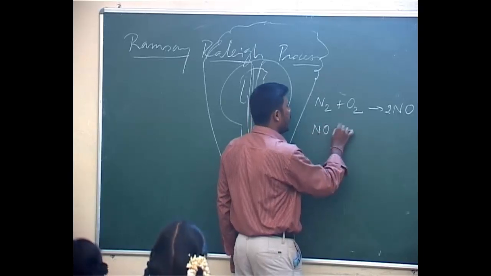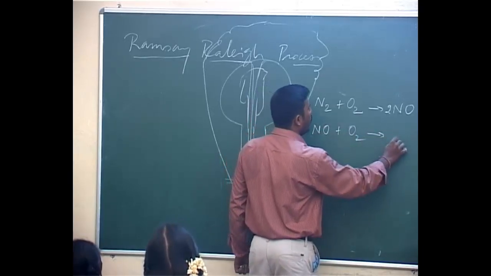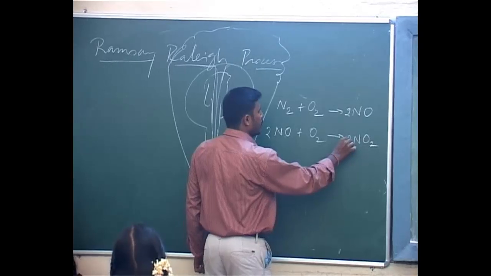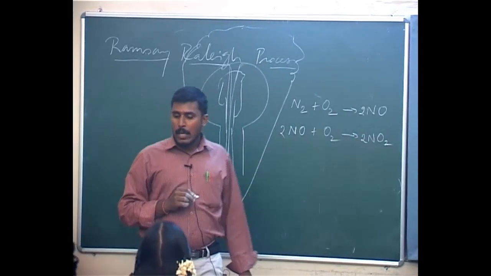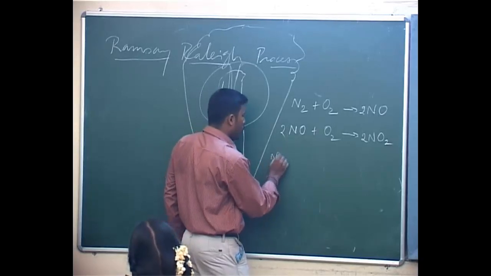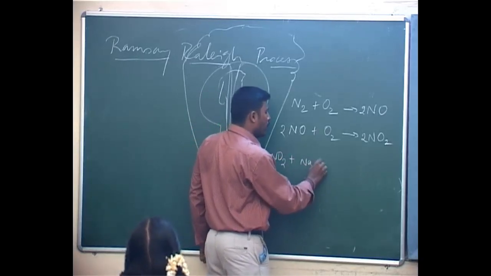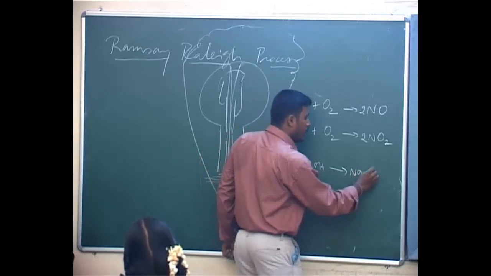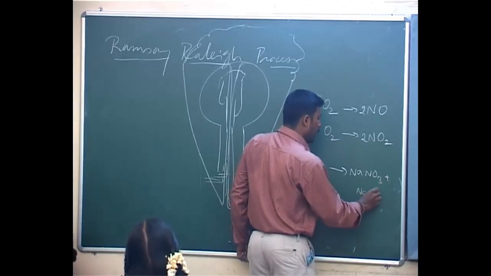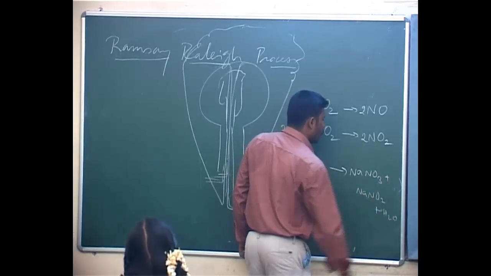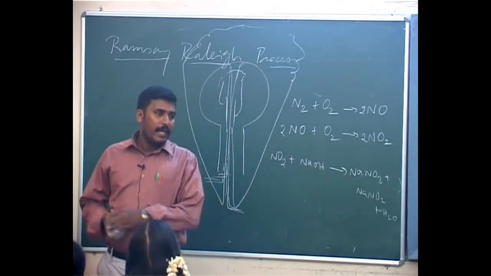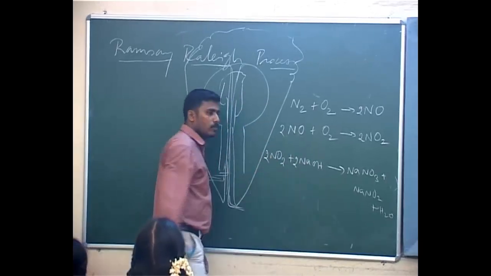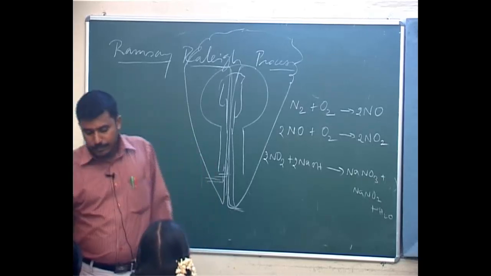This nitric oxide reacts with excess air to form nitrogen dioxide, NO2. To this NO2 you add sodium hydroxide, and you will get sodium nitrate NaNO3, NaNO2 and H2O. You have to balance it. With 2 molecules of sodium hydroxide, you need 2 molecules of NO2. Balanced or not? Balanced.